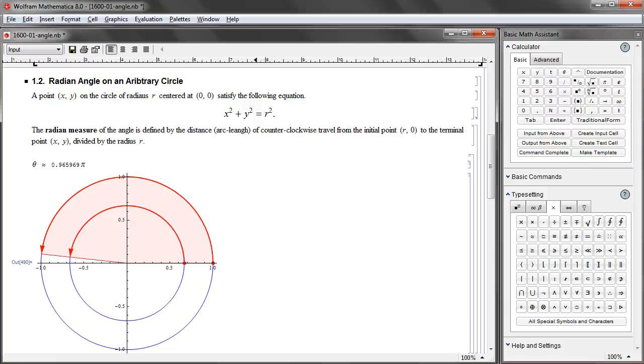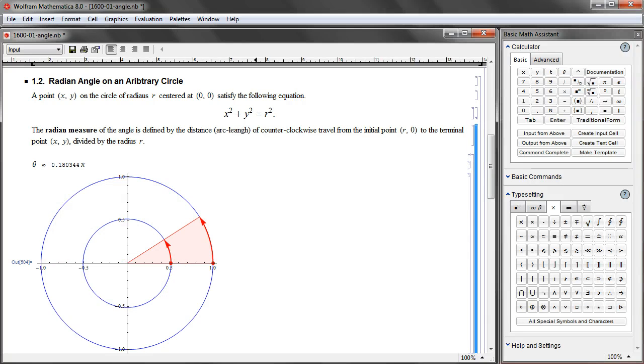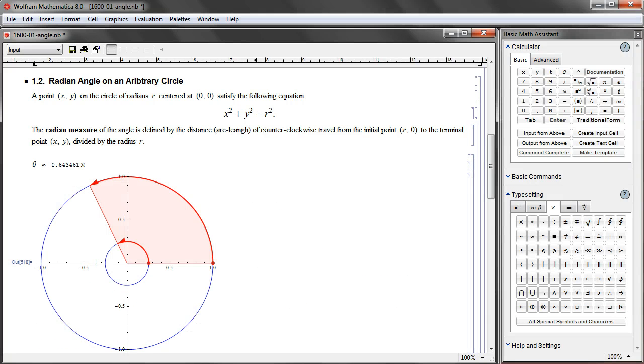How about the angle? Well, this is nice. You can run it again to have different radii and different angles. The outer circle is fixed at radius 1, and the inner circle changes between 0.25 and 0.75.